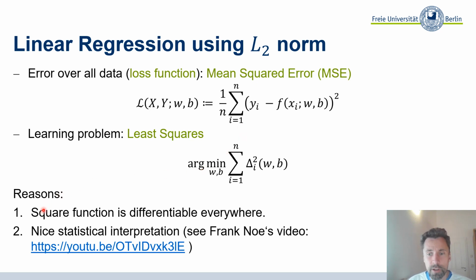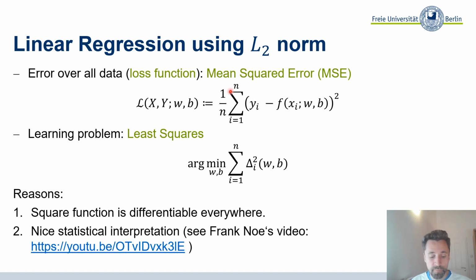We use the square function for convenience reason, really. We will see that later on. And also we use this because it has a nice statistical interpretation. And I recommend you visiting this YouTube video here, produced by Frank Noé, a colleague in the math department who beautifully describes that the likelihood of the data and the model is connected to the least square solution.